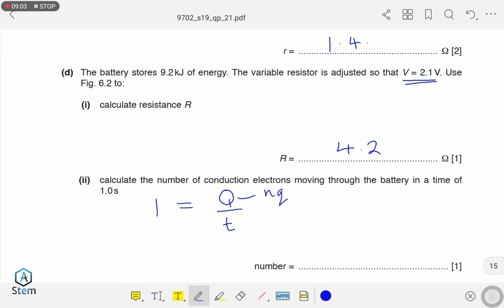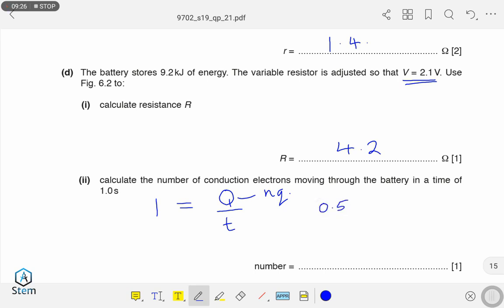So in this case, we are talking about a conductor where the carriers are electrons, so the charge on each carrier is the elementary charge, which is 1.6 times 10 to the power minus 19.